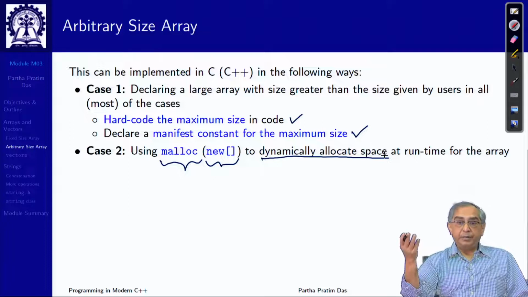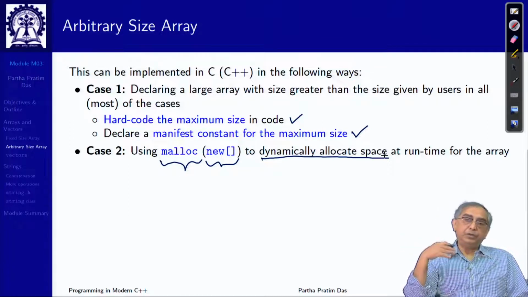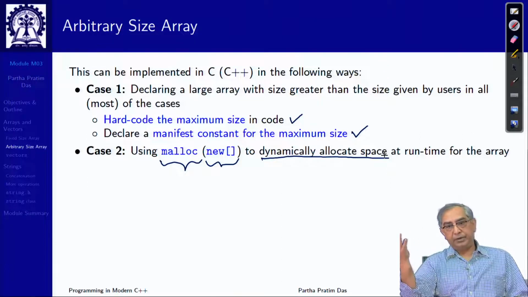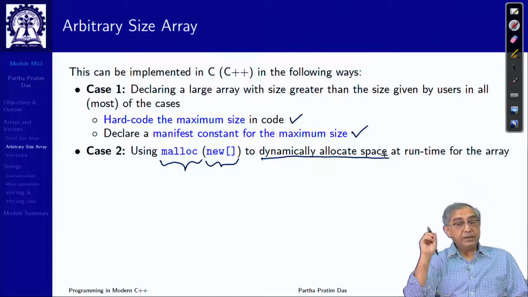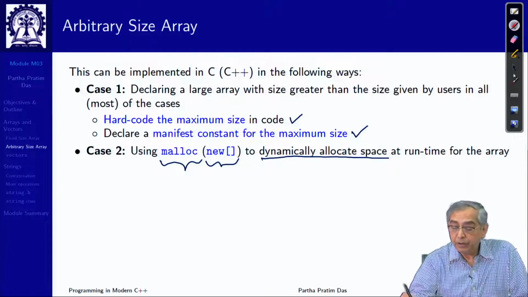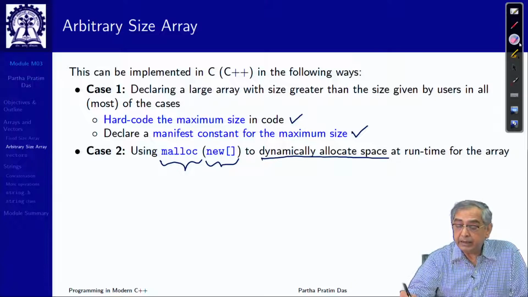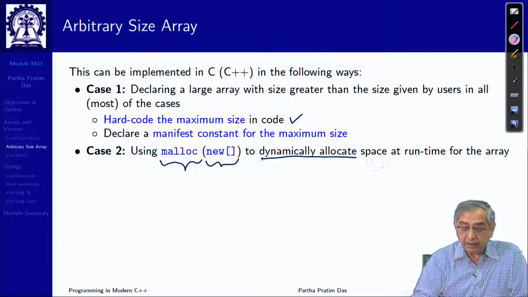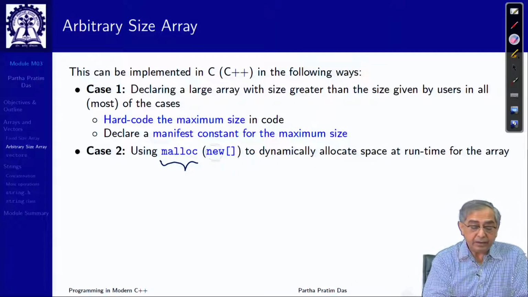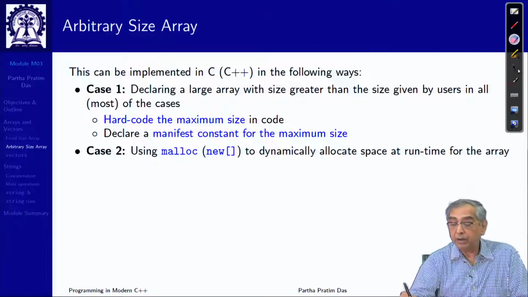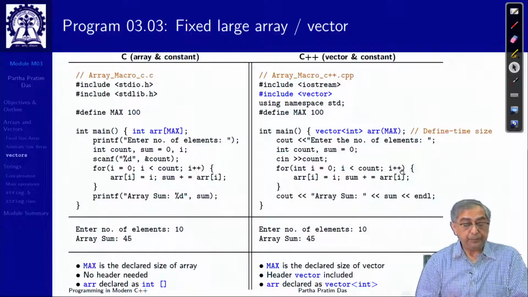So, at the runtime you may be able to figure out that you need this much space, so you allocate that sized array and proceed, but this will still not allow you to change the size once you have allocated it. Once you have allocated, it is kind of frozen. That is the available approach that you have. So, with that let us see how things go.